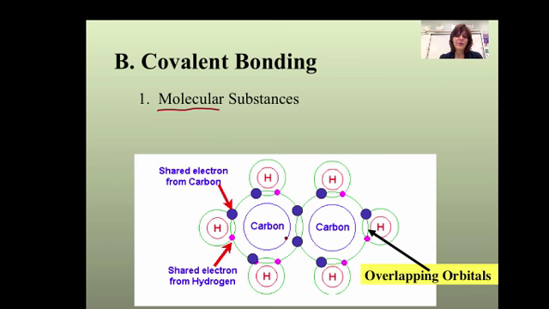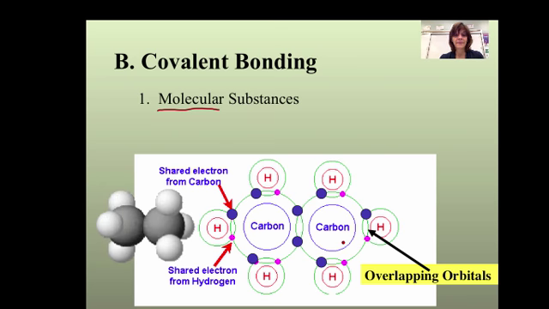So they overlap the orbitals and stay together. Now this happens because they're more equally able to hold on to their electrons, so one isn't electronegative enough to take an electron away from the other, so they share instead of transferring.